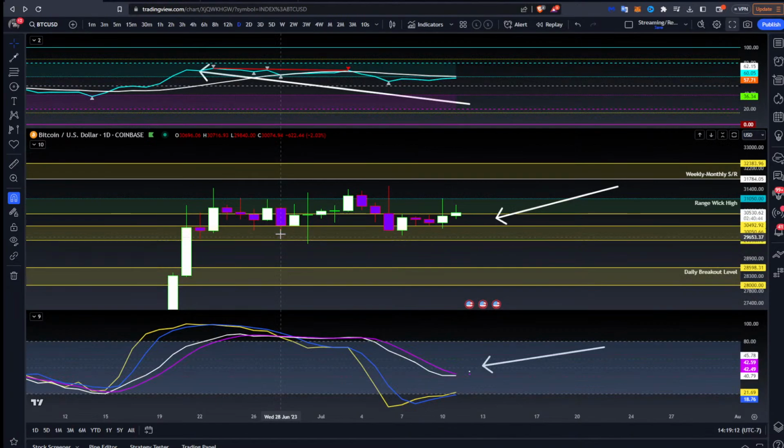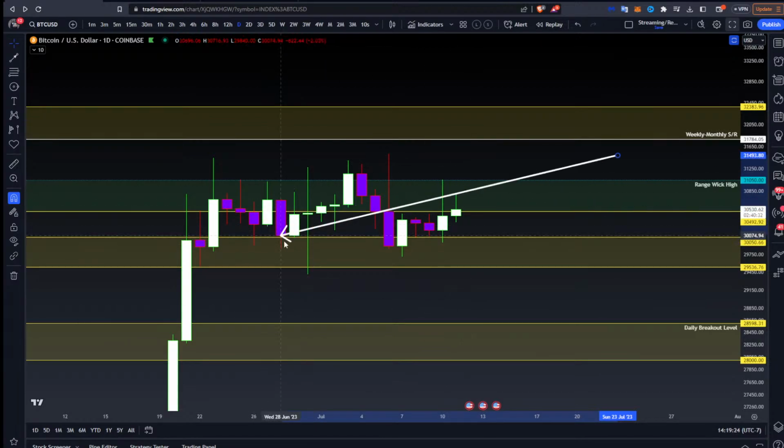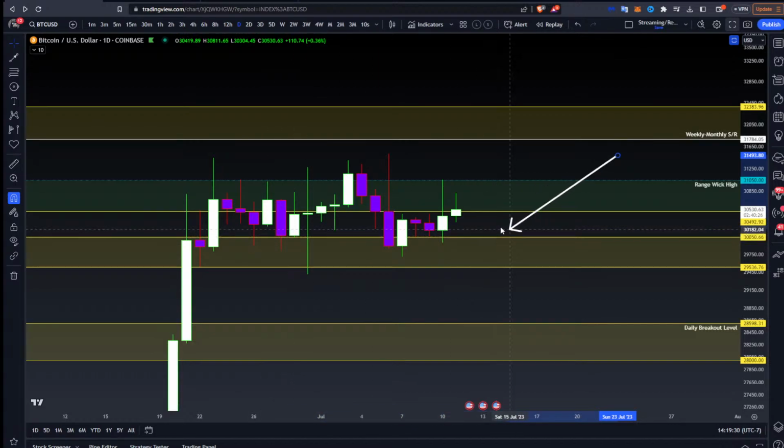You could. Now, the argument on the other side of that is if you read the current low right here with that low wick as the low, then there would be bullish divergence off of this low back here. So the within range low that closed just above around 30,100.